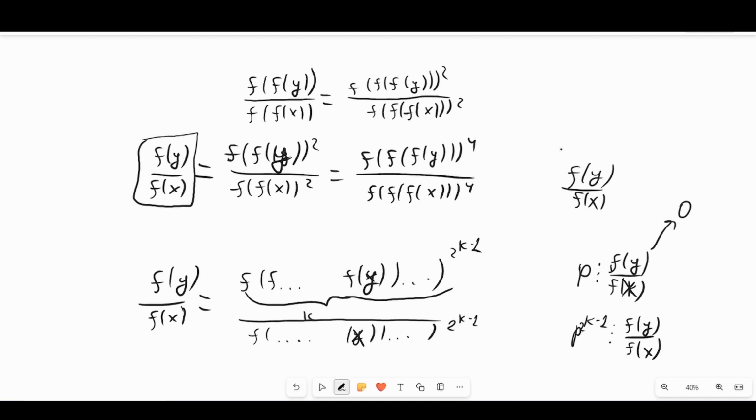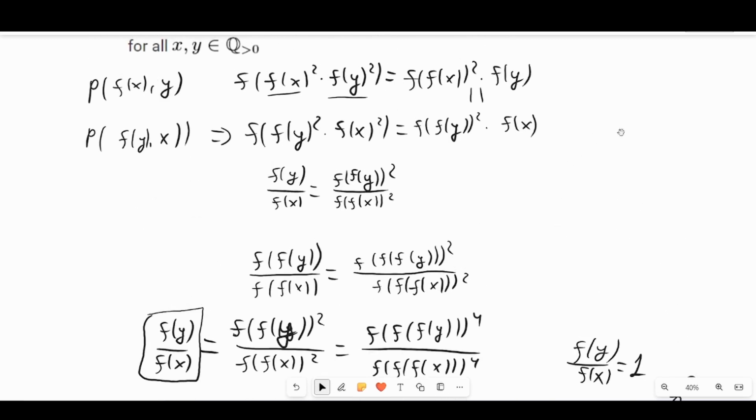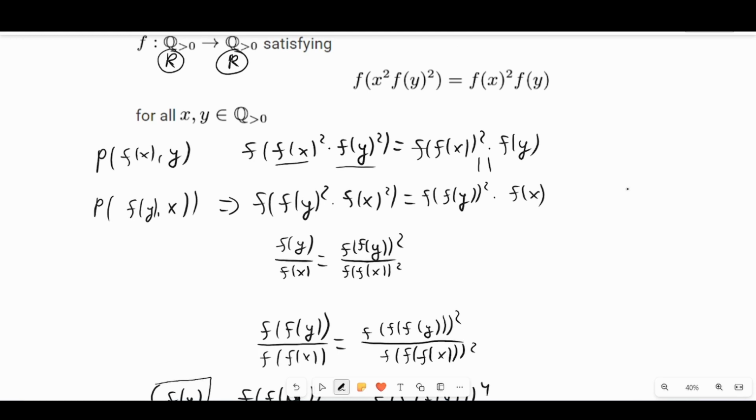And this means that the function must be constant. And if we know that function is constant, we can get back to our initial equation, and we get that c equals c squared times c. So the only answer would be c equals 1, because we know that c is positive rational number. Now if you check this answer, we will see that this works.